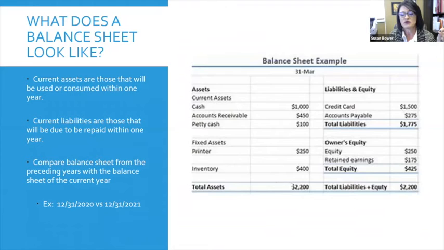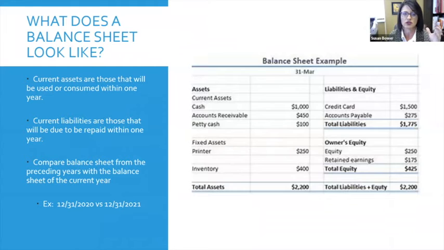It is not as much the numbers which tell us the story of what the business is doing or how it's doing, but it's the trend in the numbers. So if I compare 2021 to the previous year, how does it look? Did assets go up? Did liabilities go up or down?